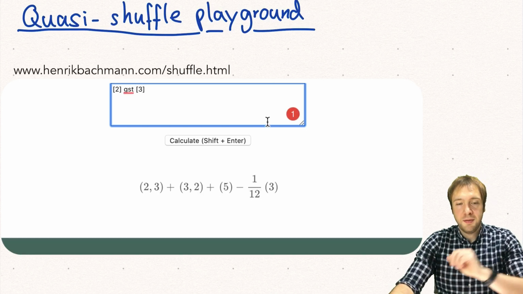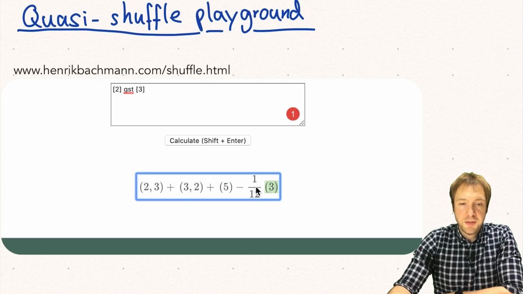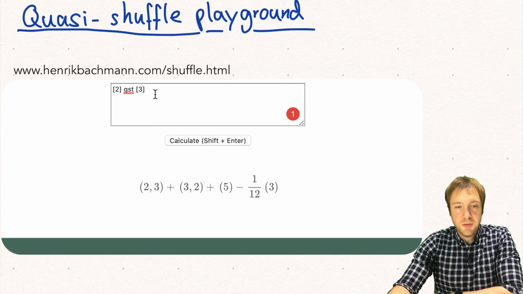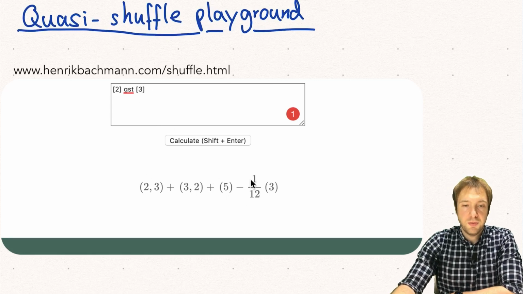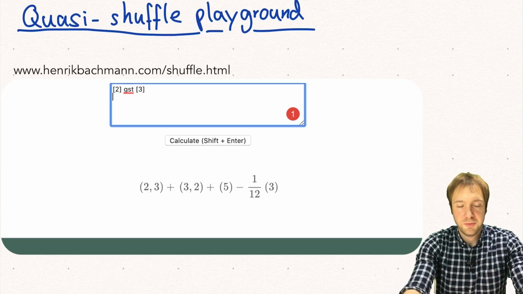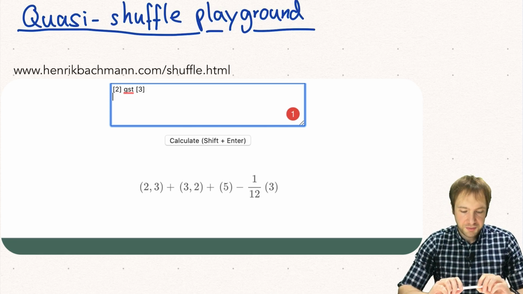We saw earlier that the stuffle product of these q-series G is basically the usual stuffle product, but you also get lower weight terms. We had an example that G2 times G3 is G23 plus G32 plus G5 minus 1/12 G3. And again, you can always choose an arbitrary linear combination of these relations and products.